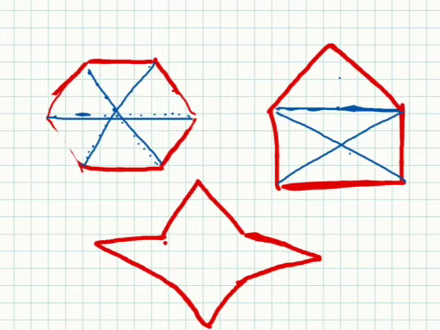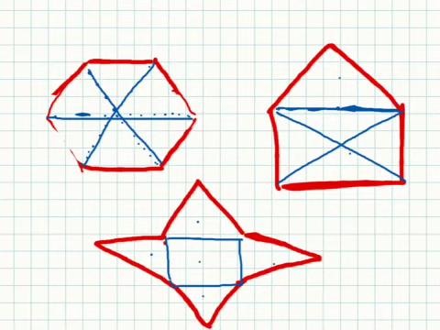And the last one, I could look at this and draw a square or a rectangle. I could get a rectangle and 4 triangles just by drawing diagonals to my vertices.